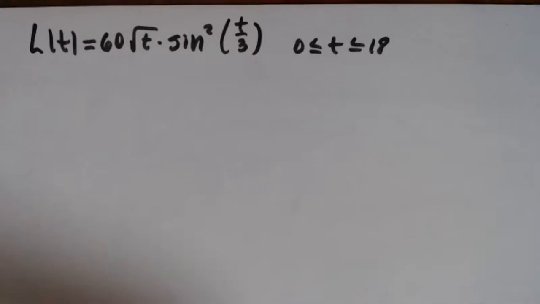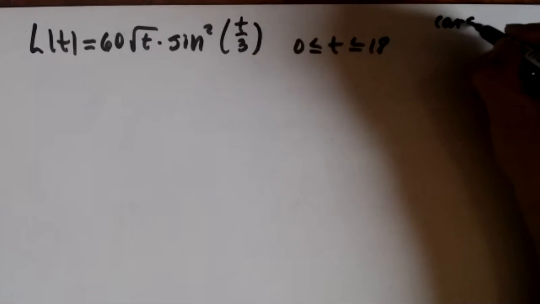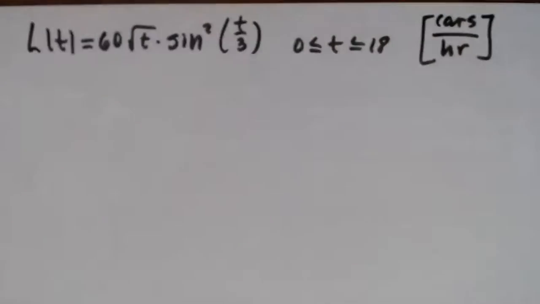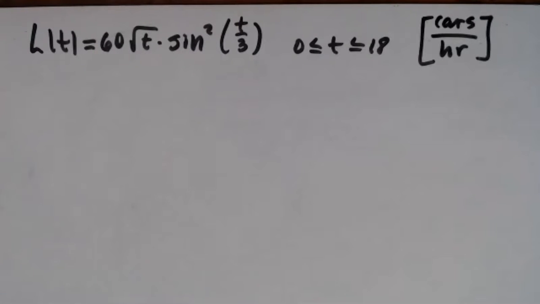And again, the units are cars per hour, so the number of cars per hour. And then you have the behavior of this function over there. Obviously, this problem is a calculator allowed problem, so we are going to use the calculator. Usually these problems are calculator allowed, right?